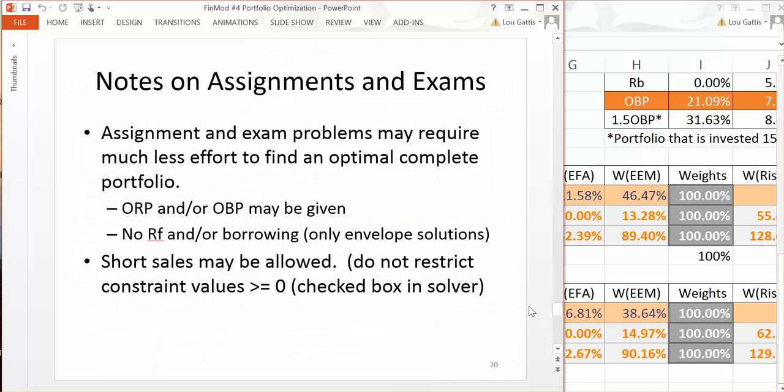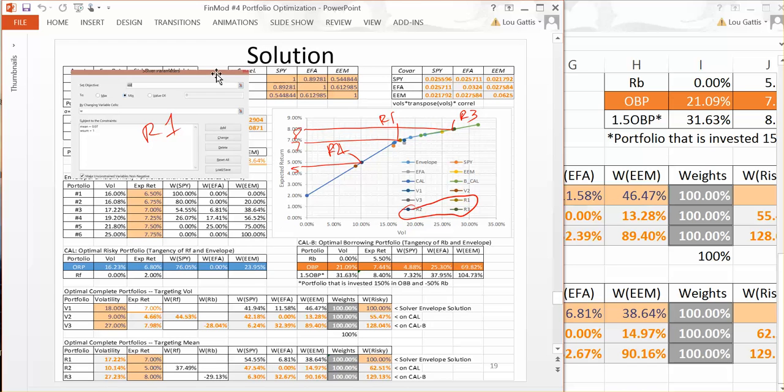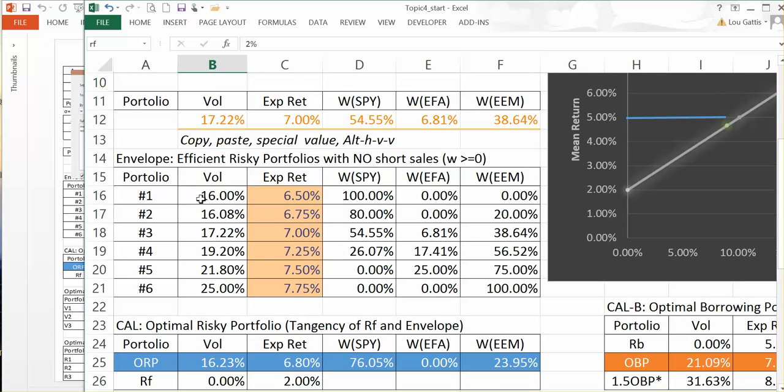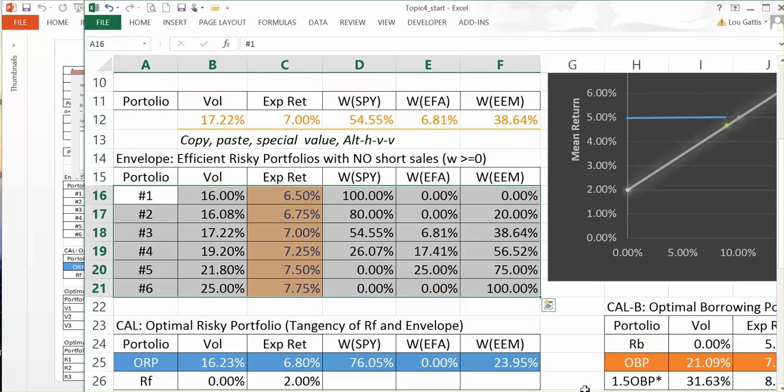So in this exercise, we took estimates of annual returns and standard deviations and correlations for 3 risky assets. We combined them to make portfolios using the expected return and standard deviation formula for portfolios. And then using that, we built 6 efficient portfolios.